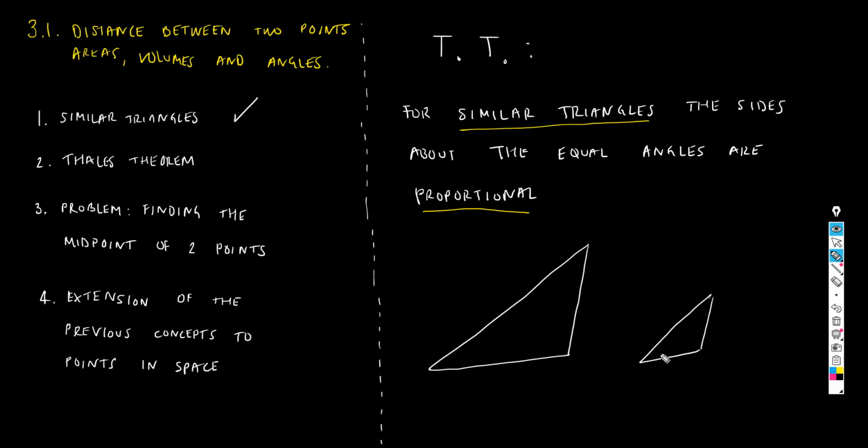In this case, they look so because I'm trying to make a good effort. If I tell you this is equal to this is equal to this, and this is equal to this, then by definition they are similar triangles. Even if they don't look similar, you have to understand that.